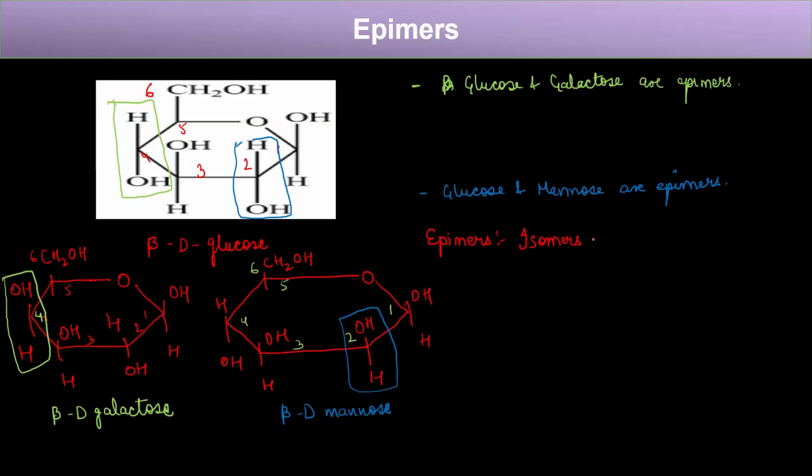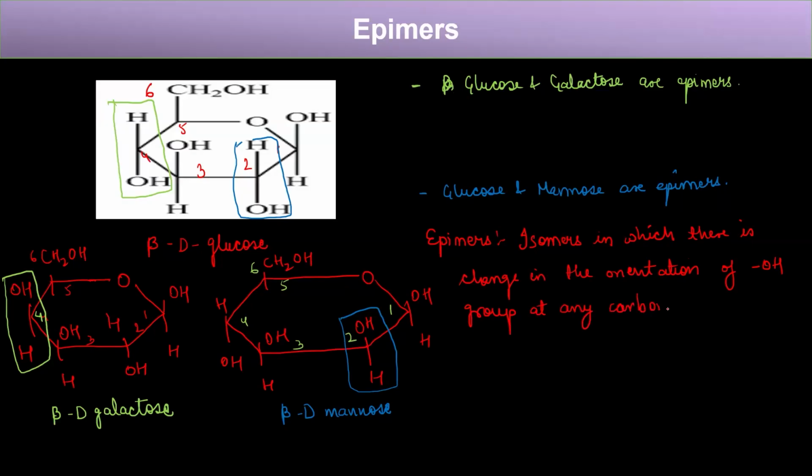So epimers are also isomers in which there is a change in the orientation of the hydroxyl group, right? At any one carbon, except the carbonyl carbon, right? Except the carbonyl carbon.